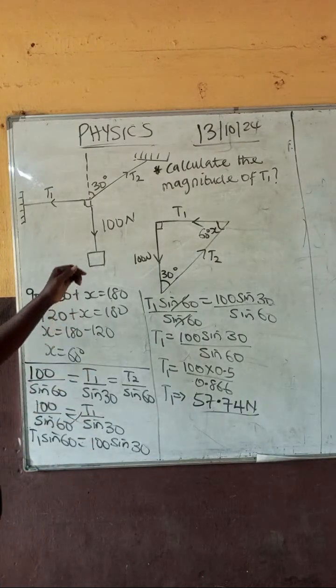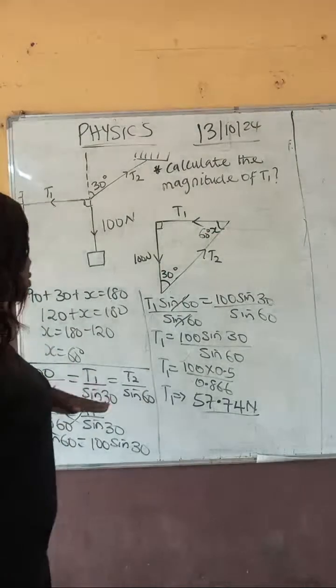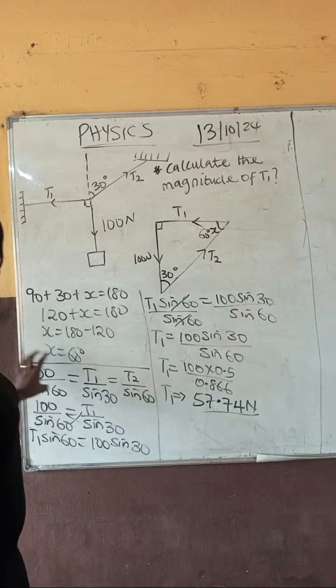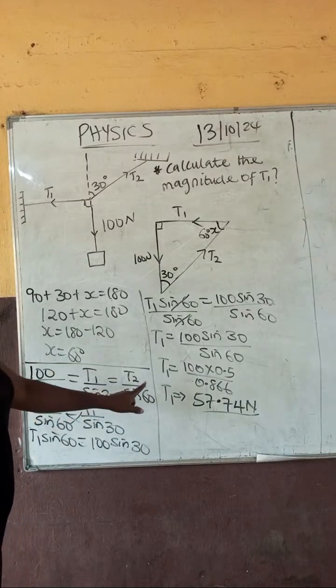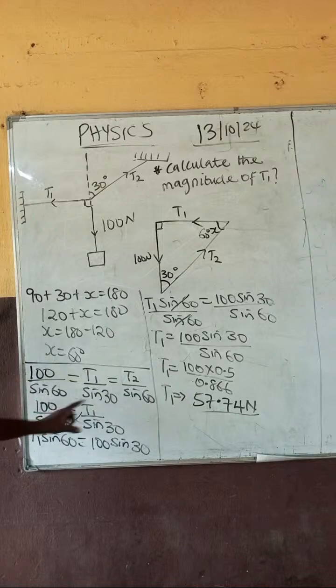Now you have gotten my T1. Okay? Now, the same method we can still use to get our T2, by equating 100 over sine 60 to this to get our T2. Alright?